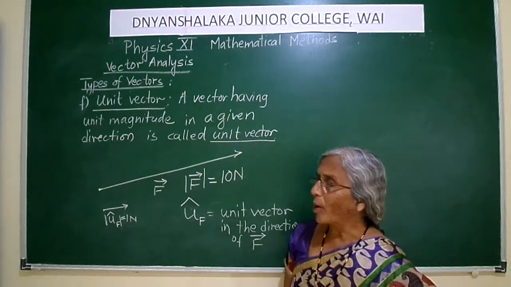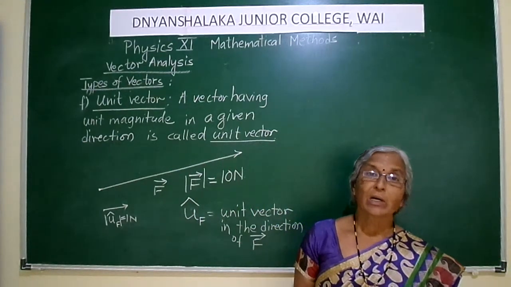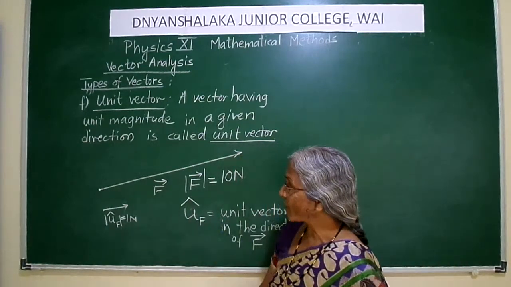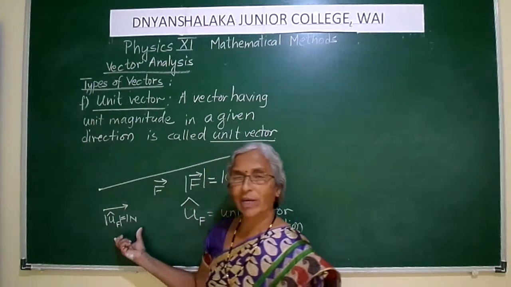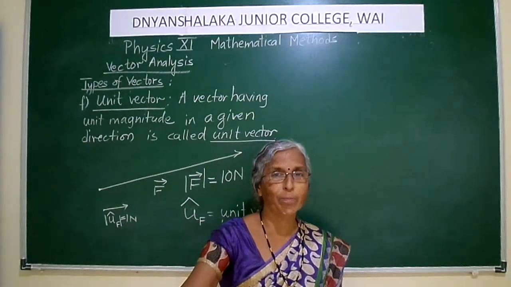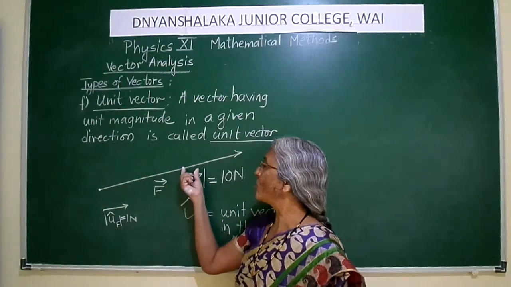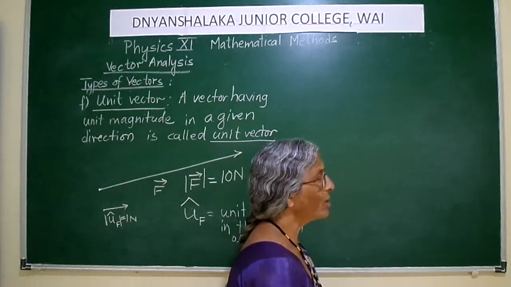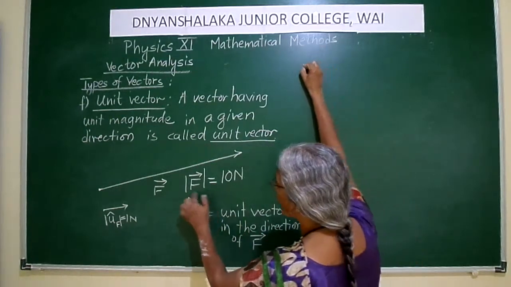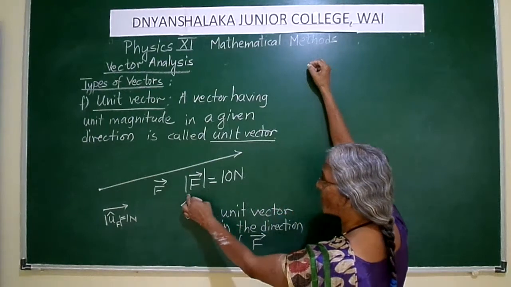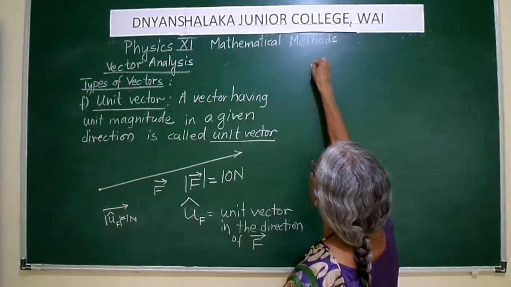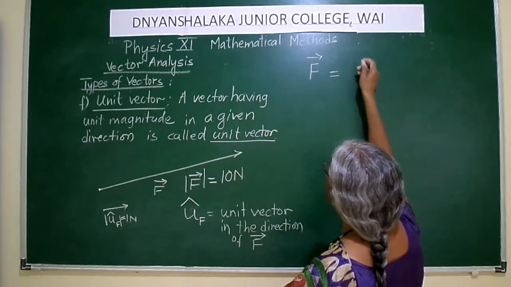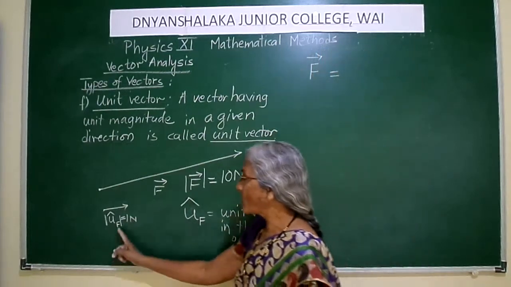What is the importance of this unit vector? The significance of this unit vector is that it helps us to separate the magnitude of a given vector from its direction. Okay. So what relation do we have? If this is the unit vector of this vector F, I can say vector F will be equal to... Now, what is the direction of the unit vector?